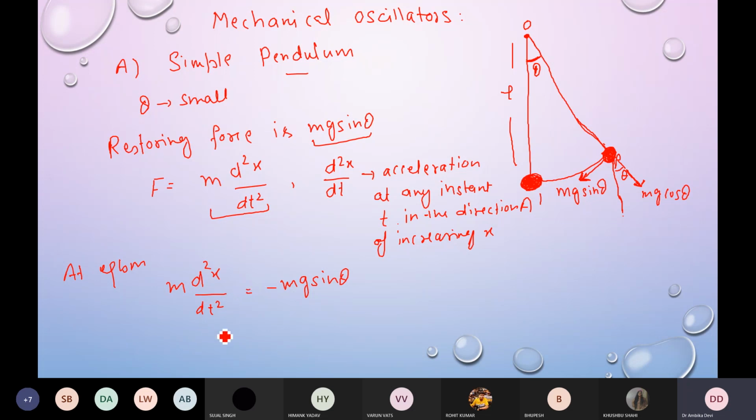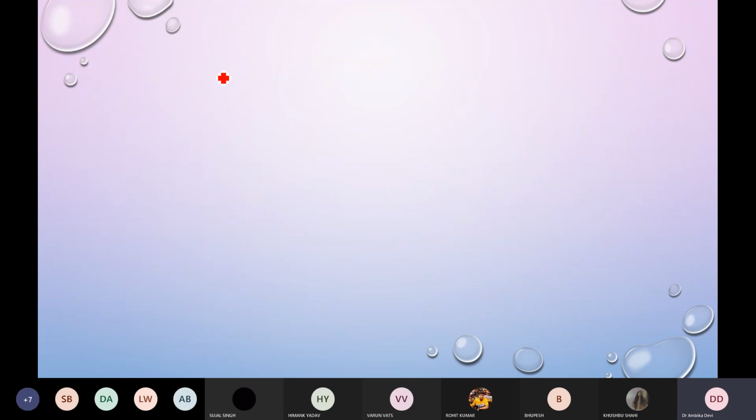This means that d2x upon dt square is equal to minus g sin theta, because m is on both sides and we can cancel it. Let us say this is equation number 1. As I told you, the negative sign indicates that acceleration and displacement are oppositely directed.